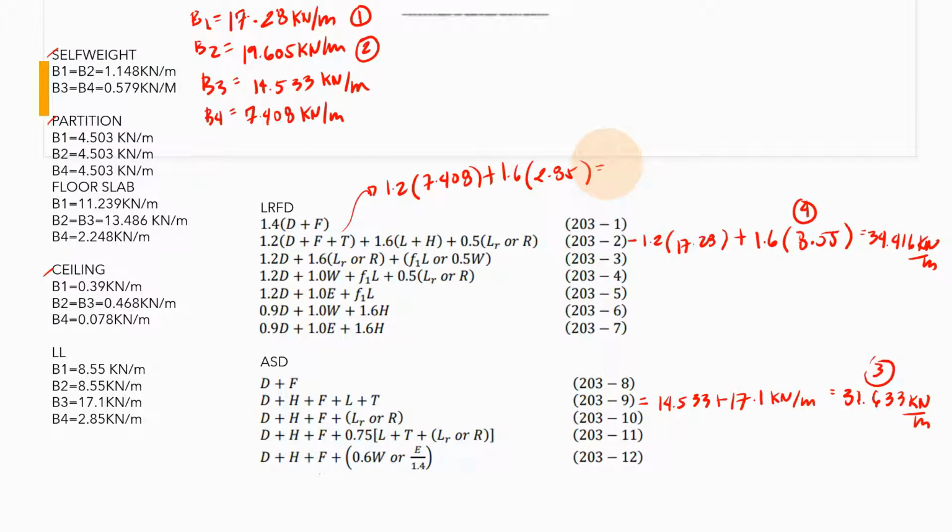So it is equal to 13.45. So we have 13.45 kilonewton per meter. So ito na yung ating number 5.